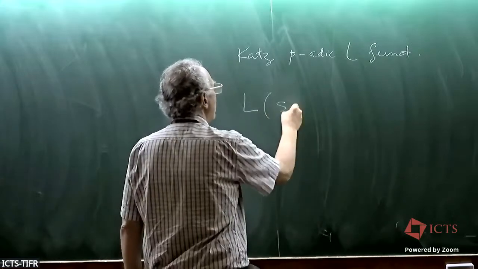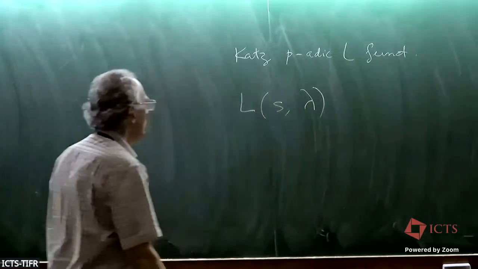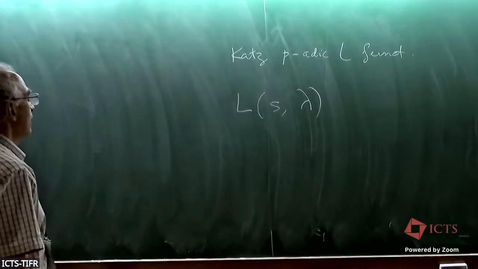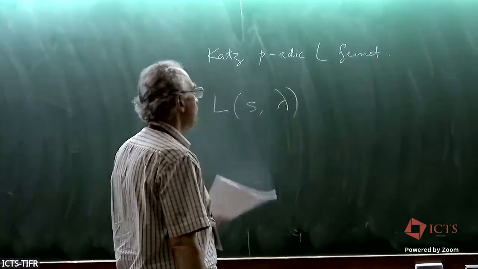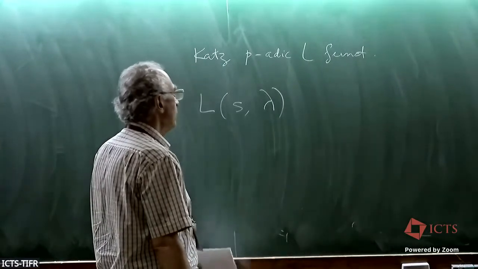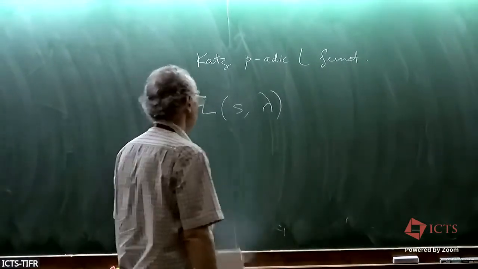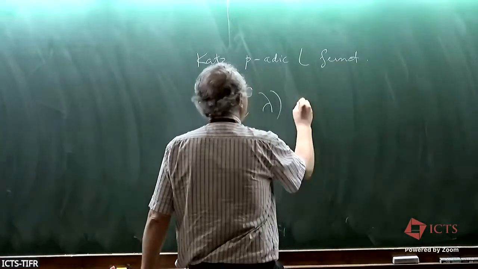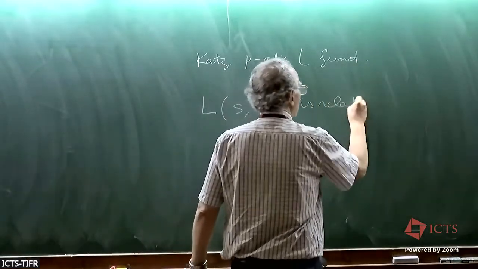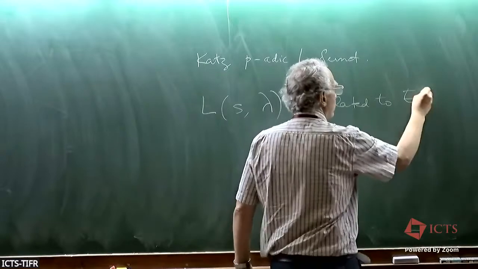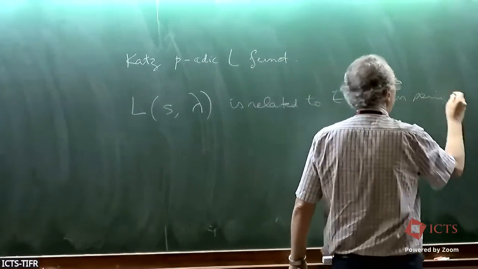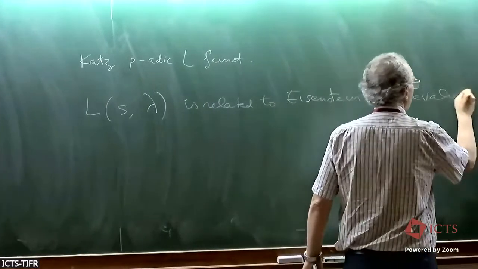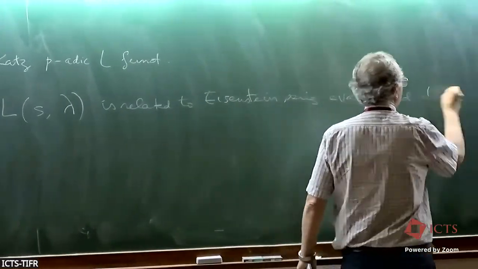The idea is that the Hecke L function of a Hecke character is related to Eisenstein series evaluated at CM points. Okay, that's the key word. L is related to Eisenstein series evaluated at CM points.